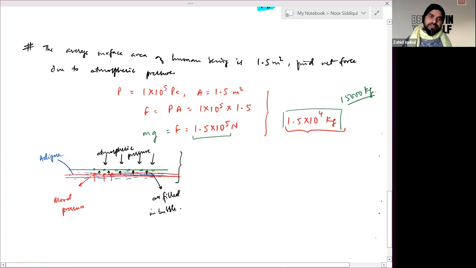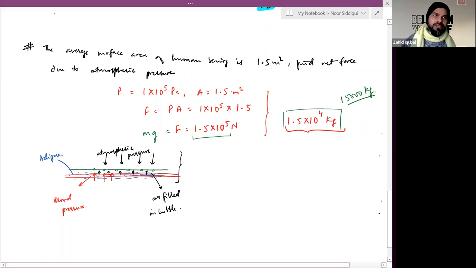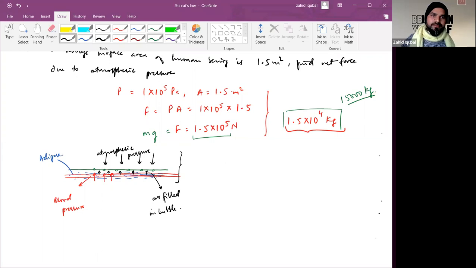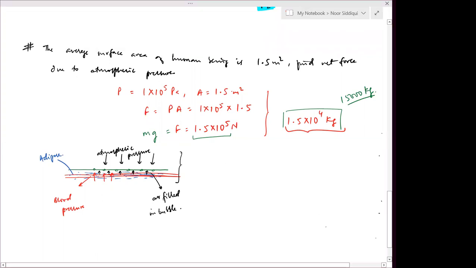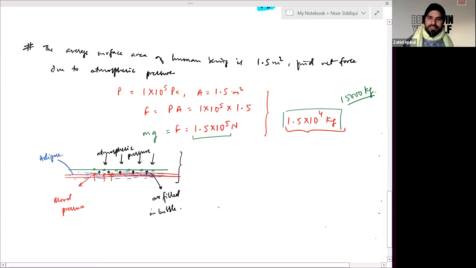These two combine together to exert pressure in outward direction to balance that atmospheric pressure. Hence, net effect acting on our body becomes zero. Any doubt? No, sir. Okay, just write it down till this part.